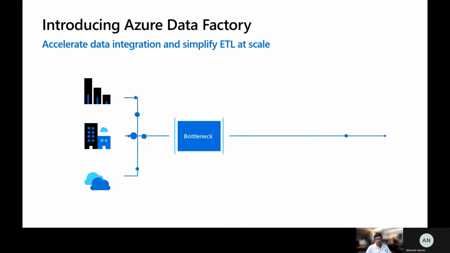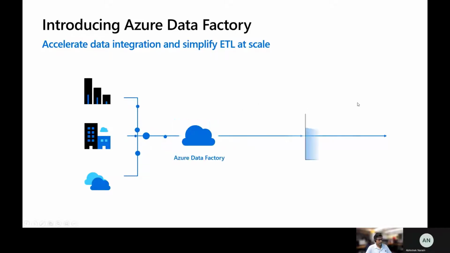That's a typical challenge that data engineers have today. And the bottleneck typically happens when you're trying to scale up and consume more and more data, looking into multi-cloud solutions for ingesting data from different places. These are the typical challenges that customers face, and you get a bottleneck.